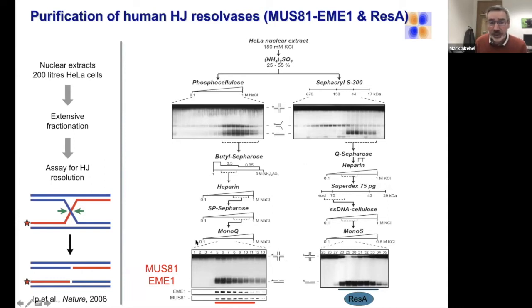If you follow this line, you get MUS81 and EME1, which cleave it in a certain fashion, and another purification approach gave you this RES-A fragmentation, the Holliday junction resolvase, which cleaves it slightly differently.